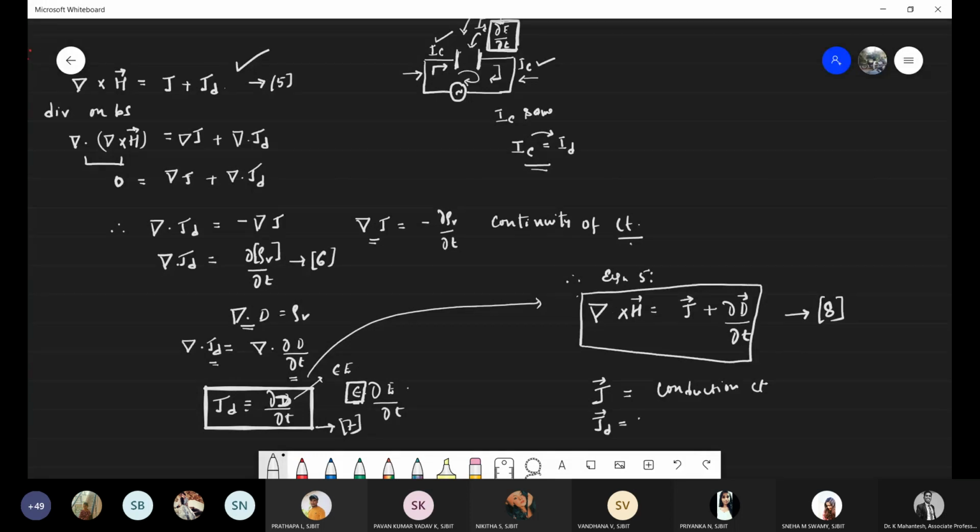JD is equal to dou D by dou T. This is time varying electric flux density, also called as displacement current, denoted by JD.